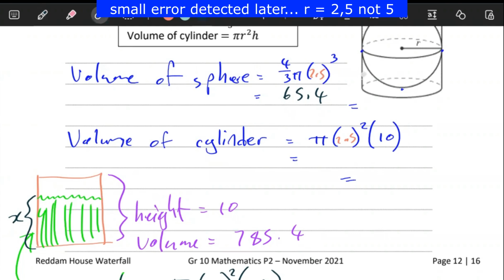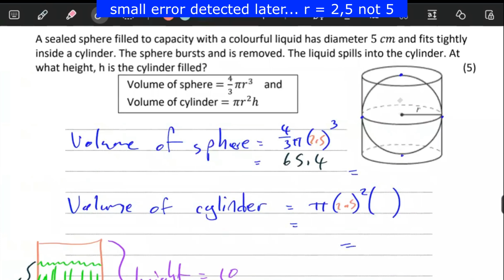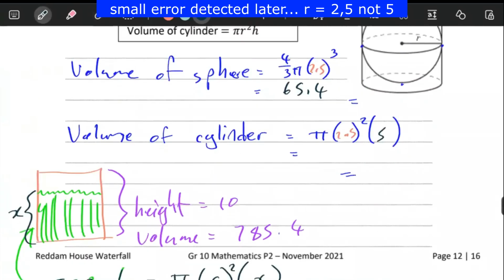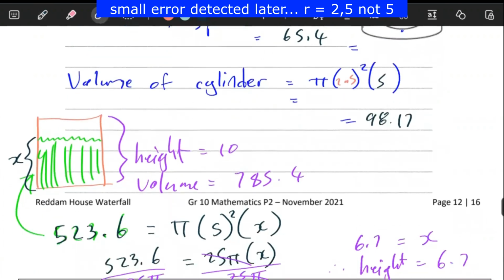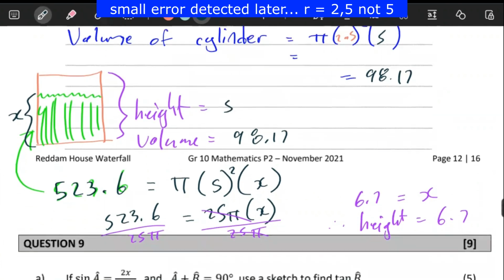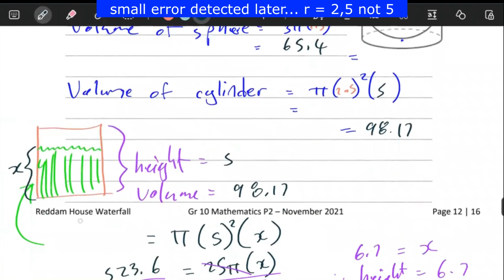Because if the diameter is 5, it means that the height is also automatically a 5. So this one is going to be 98.17. So just for the visual aspect, this whole thing here would be 98.17. The height would have been a 5.